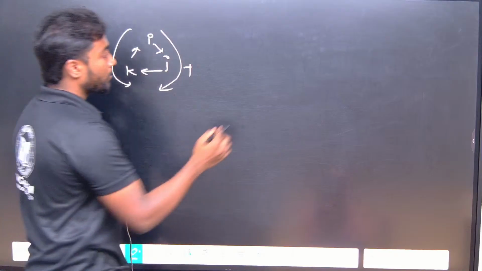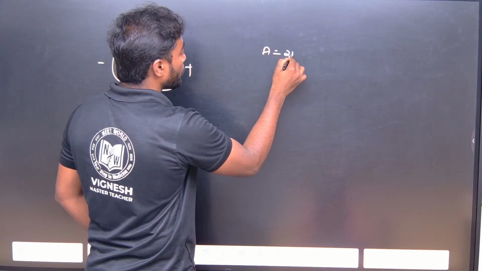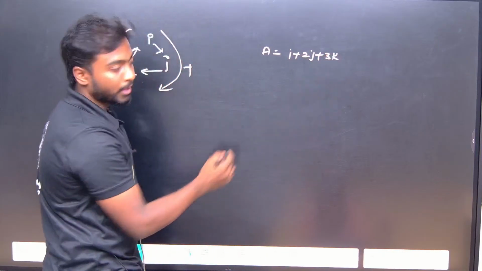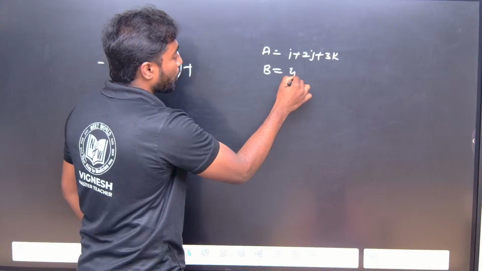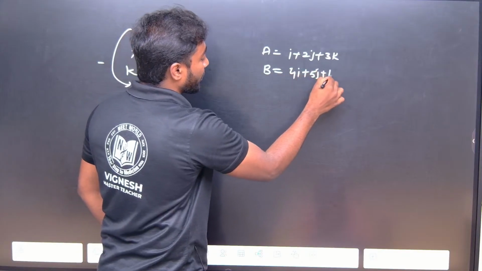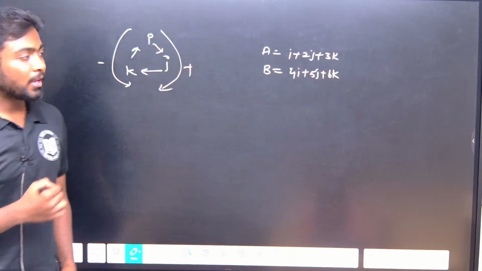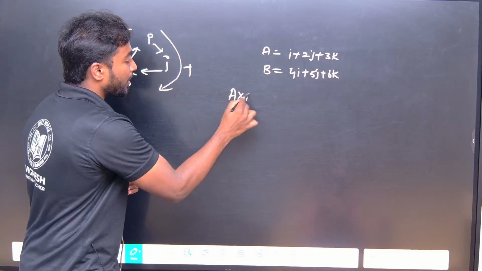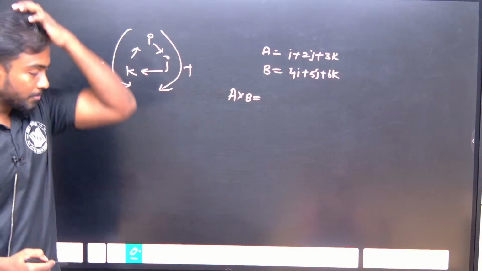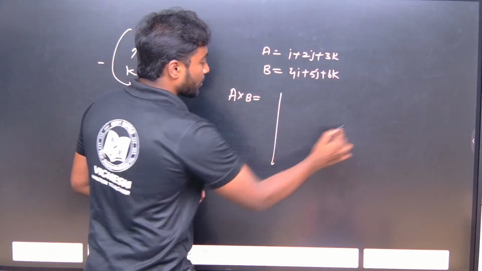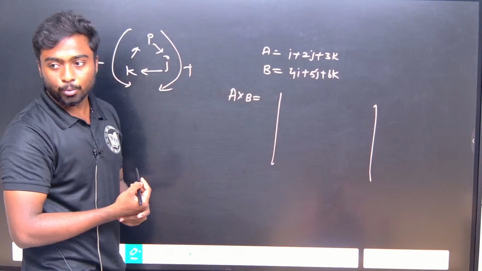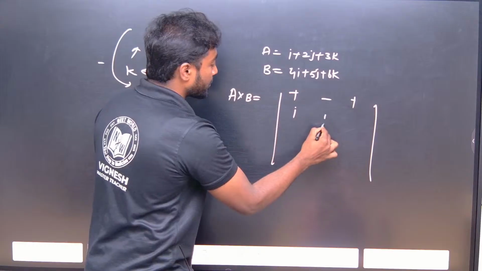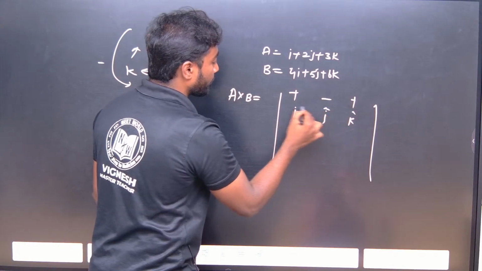And one more thing. A is equal to 2i plus 2j plus 3k. B is equal to 4i plus 5j plus 6k. This is the question they have given. If they are asking for the cross product of these two vectors, what is the answer? I should do A cross B. For this, a simple trick is there. Take a modulus, like a determinant, with plus minus plus, i cap, j cap, k cap.